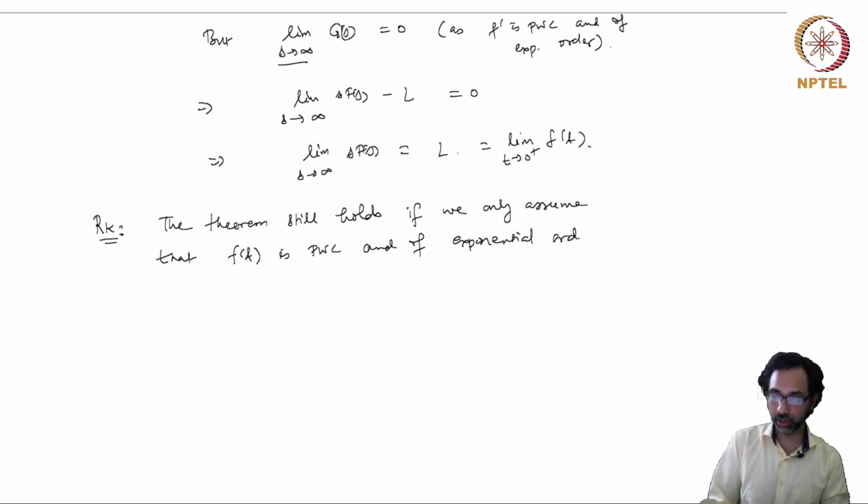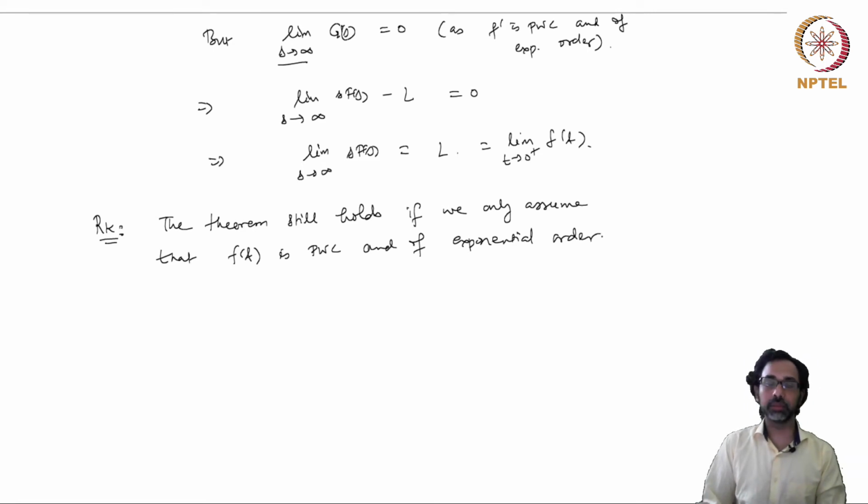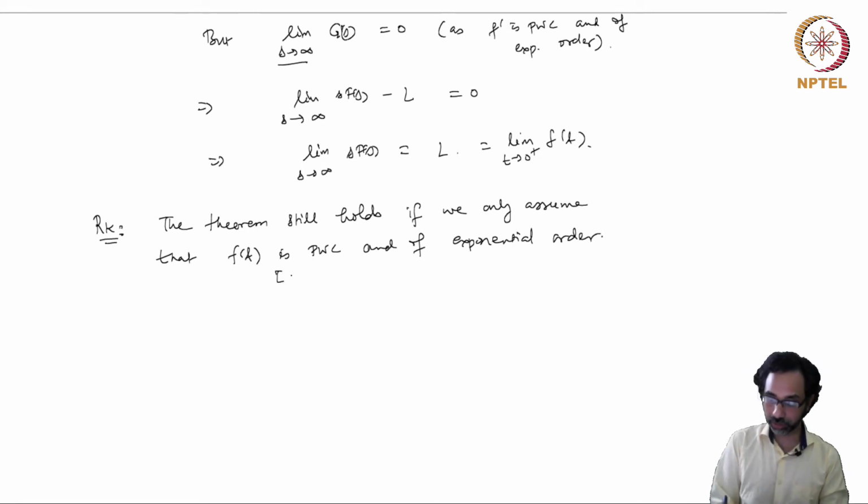So I am not assuming here that f prime is piecewise continuous. So this is piecewise continuous on the whole interval 0 to infinity, and here I am not assuming anymore that the derivative f prime(t) exists as a piecewise continuous function and has exponential order, but this theorem still holds in this case as well.